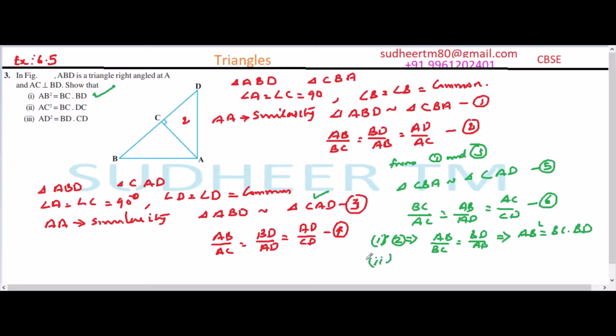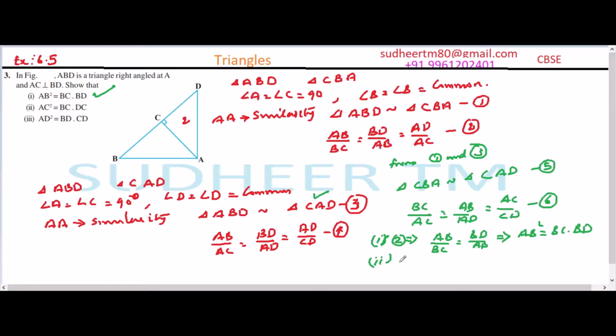Second one, AC square is equal to BC into CD. We need to prove this. For that, let us consider equation number 6. What is equation number 6?